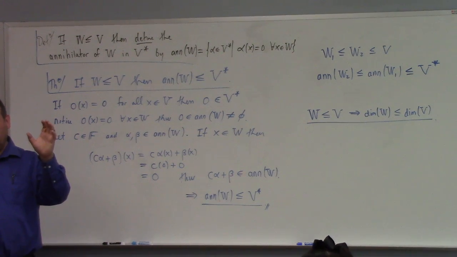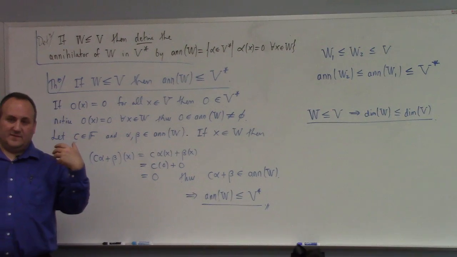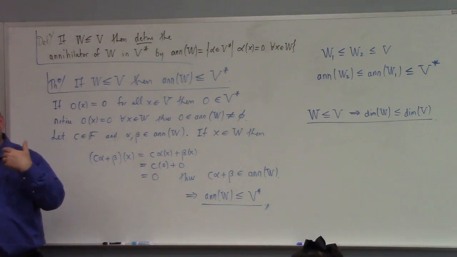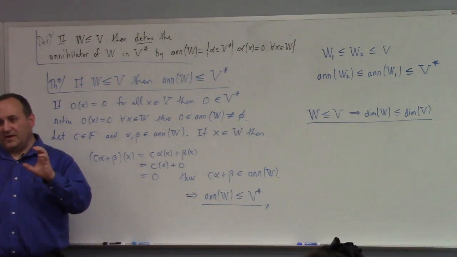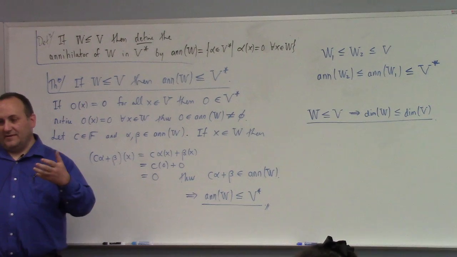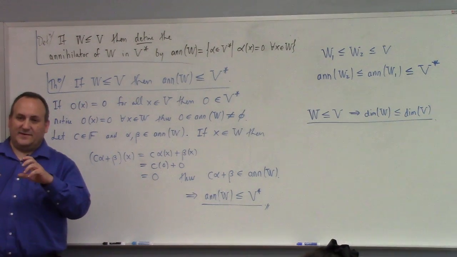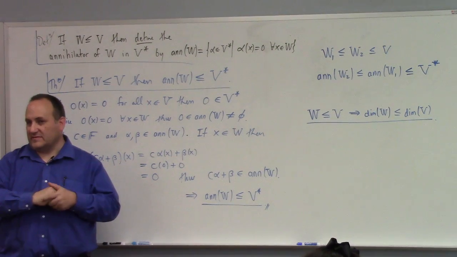There's a way to extend the map to dual vectors. And the cool thing is, if you sort through how it works, the matrix of the transpose map with respect to the natural dual bases is, guess what? The transpose of the matrix with respect to the basis to start with.